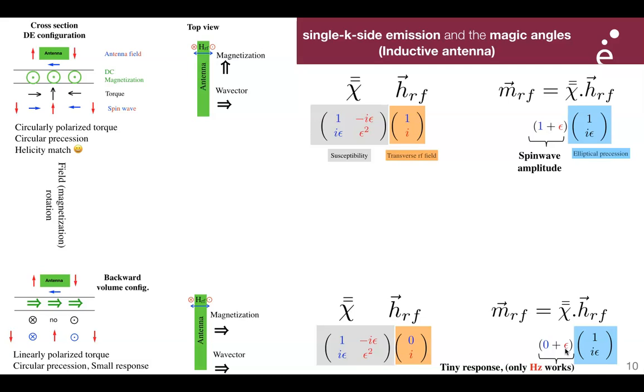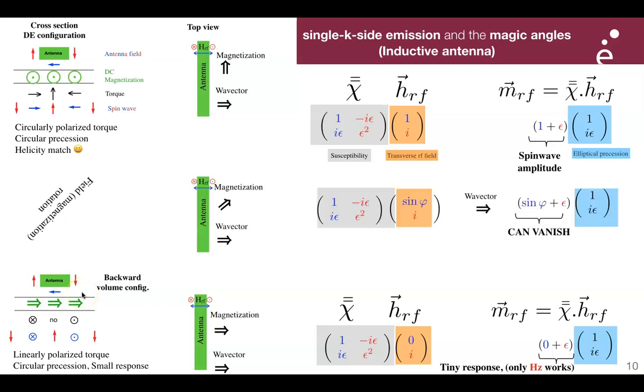Okay, so that was the two usual configurations, Damon-Eshbach and backward volume. If now you go to an intermediate angle, that is to say you put the magnetization at some angle phi with respect to the wave vector, then the RF field of the antenna is no longer (1, i) or (0, i), it's (sin phi, i).